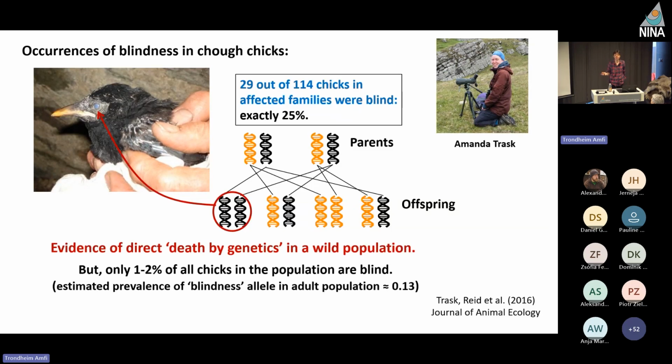Yeah, there's a very interesting part of the story which we didn't have time to explain: there is a little bit of evidence for overdominance, such that the heterozygous parents tend to breed more successfully than the assumed wild type homozygotes. So although a quarter of the chicks in these families are dying because of the blindness, on average the families that occasionally produce blind chicks produce another chick. So the number of chicks that fledge is about the same, and we have no idea why that is.